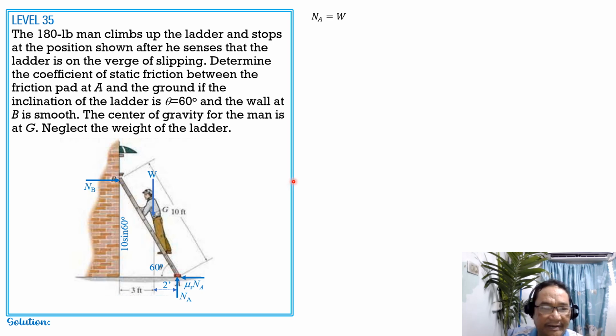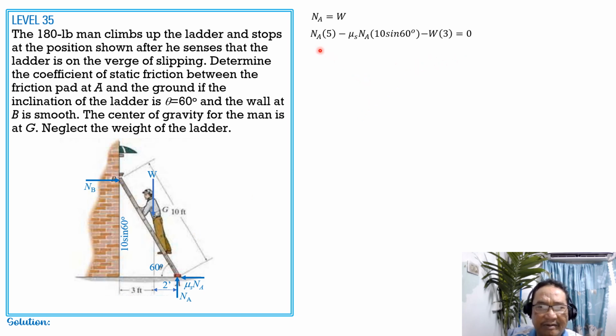Then summation of moment about B equals 0, so NA times 5 feet minus mu sub S NA times 10 sine 60 degrees minus W times 3 equals 0.